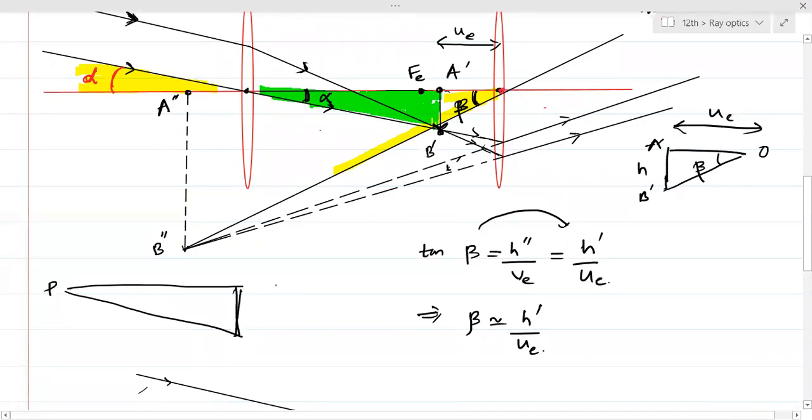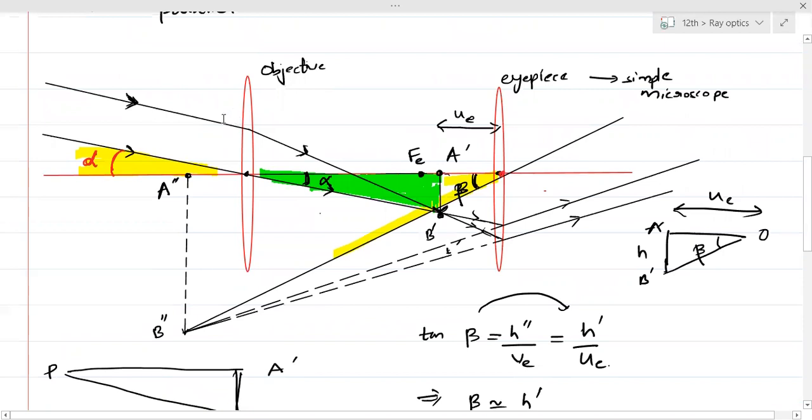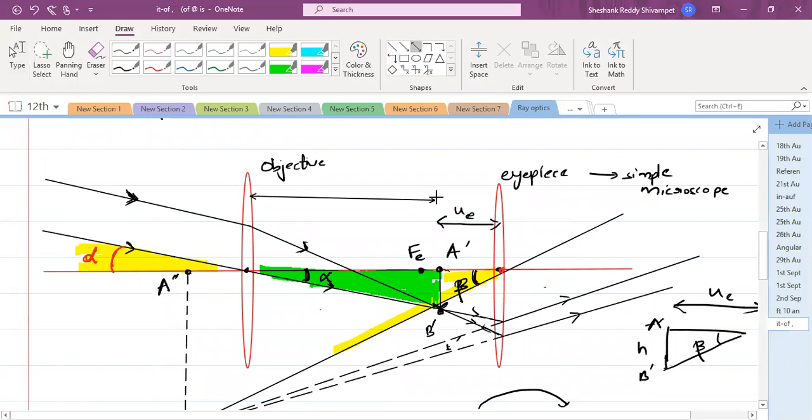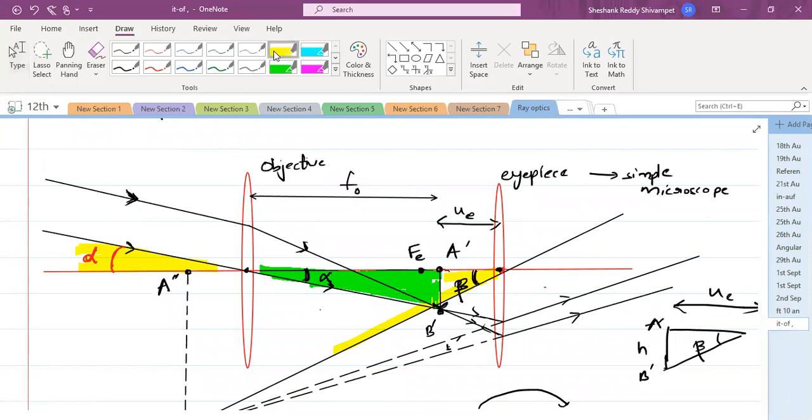let's call this as P. What is P A dash equal to? Is P A dash equal to the focal length of the objective? मतलब यहाँ पे ये जो distance है यहाँ से लेकर यहाँ तक, is that equal to the focal length of the objective? Yes or no? कौन सा distance? ये वाला.